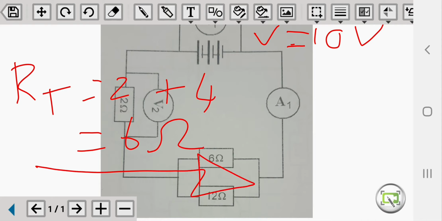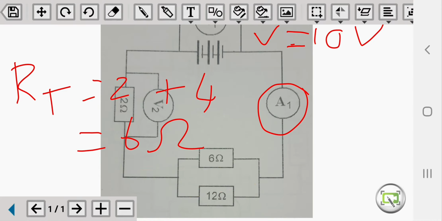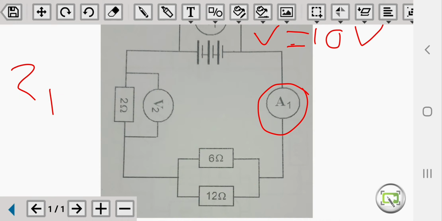Now that we have the total external resistance in the circuit, we can use that to calculate A1. Now A1 is the current flowing through in amperes through the circuit at that point.